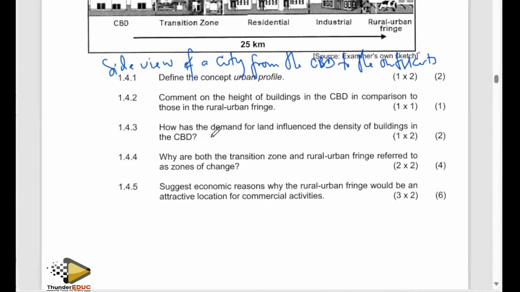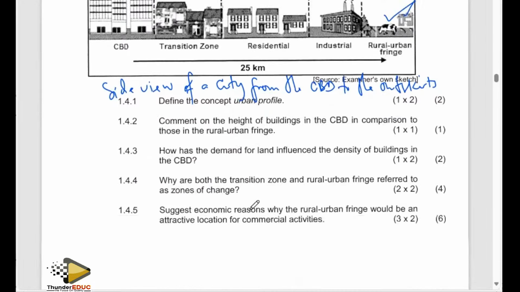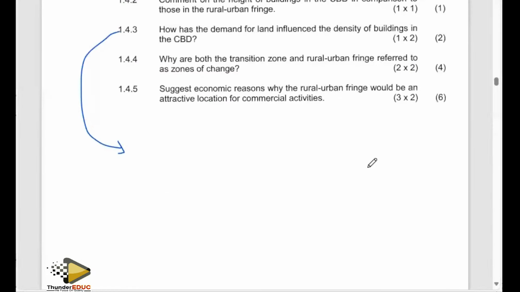Right. Then we come here. How has the demand for land influenced the density of buildings in the CBD? The density of buildings in the CBD based on the demand for land. That is what we are trying to convey there. How is the density against the demand for land? In the CBD, there's high density. The buildings are of high density, meaning the buildings are just close to each other.